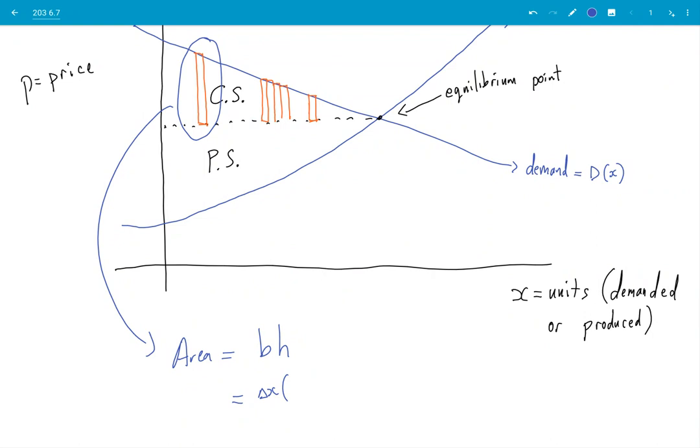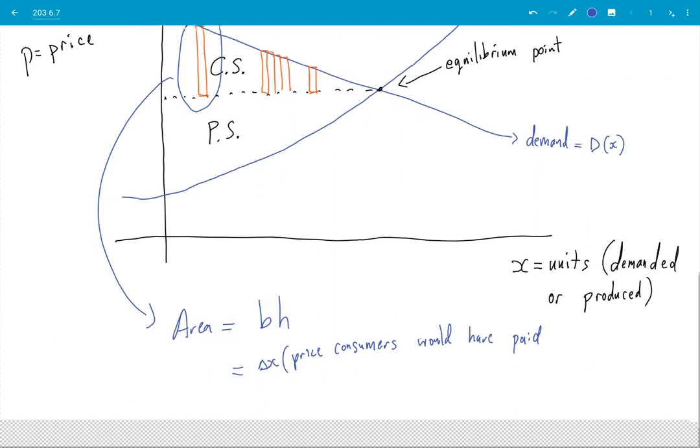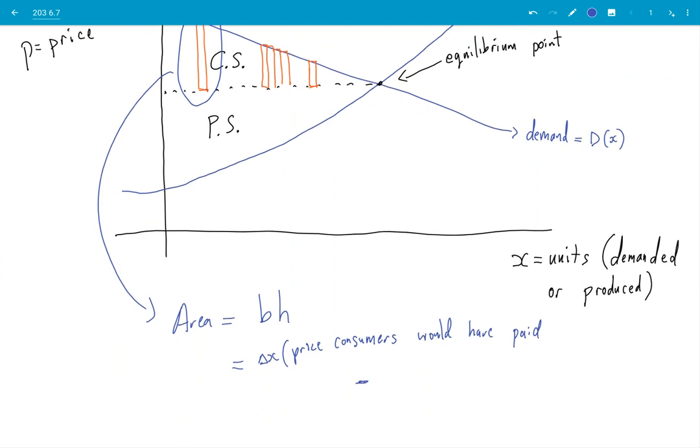It's the difference between the price consumers would have paid minus the price they are paying.